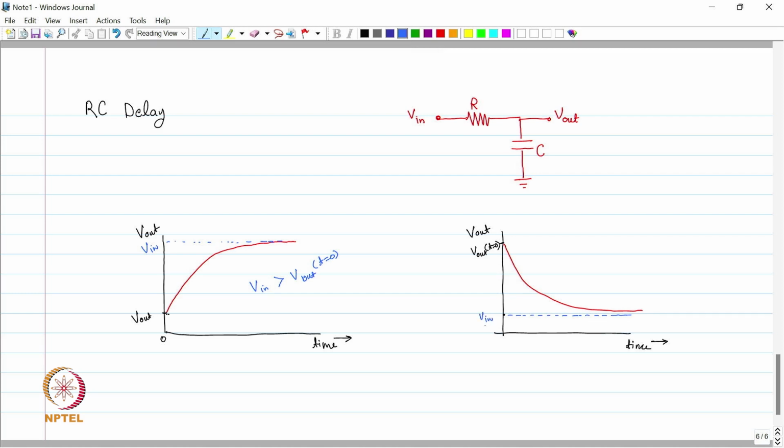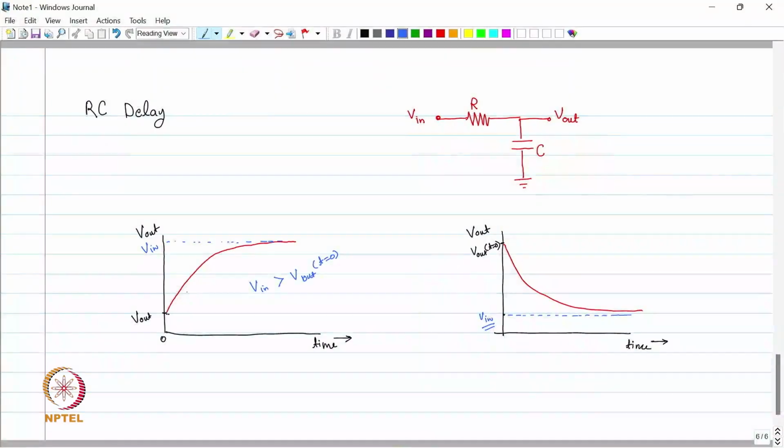And this is the value of V in. So in both of these graphs, we can see the output voltage V out achieves or tries to achieve the value of V in, whatever it is. If it is higher than V out, it increases. If it is lower than V out, it actually decreases. And the charging is exponential.